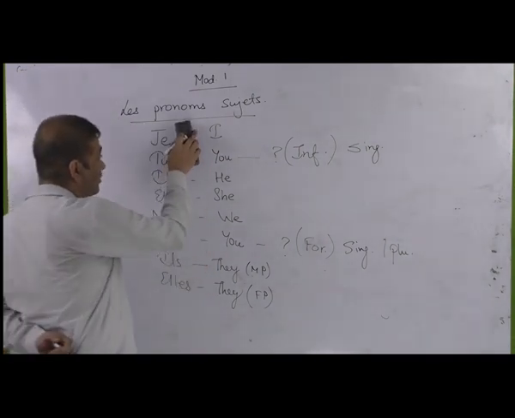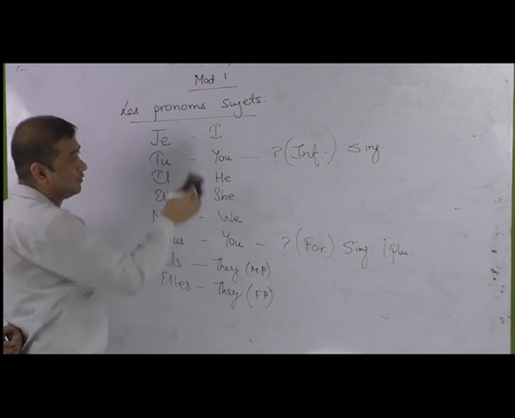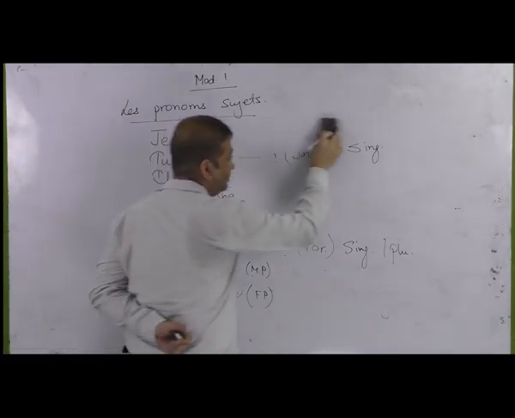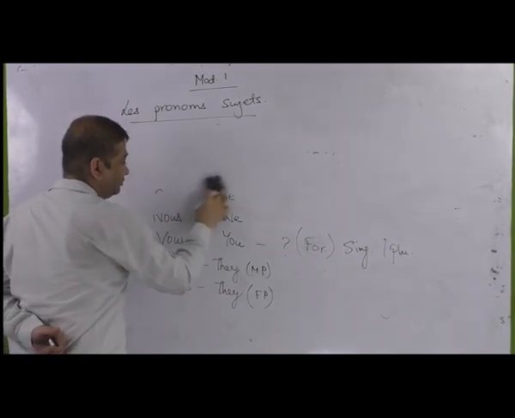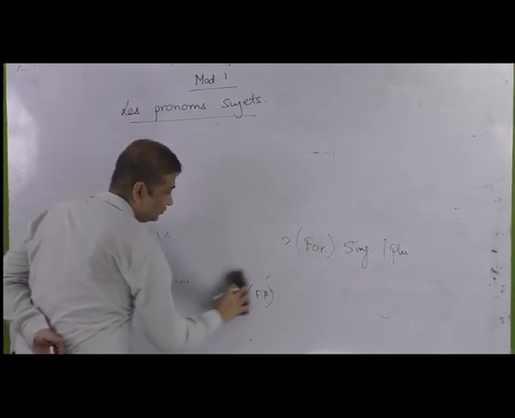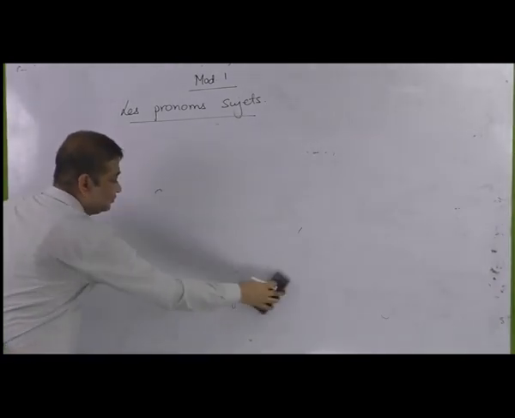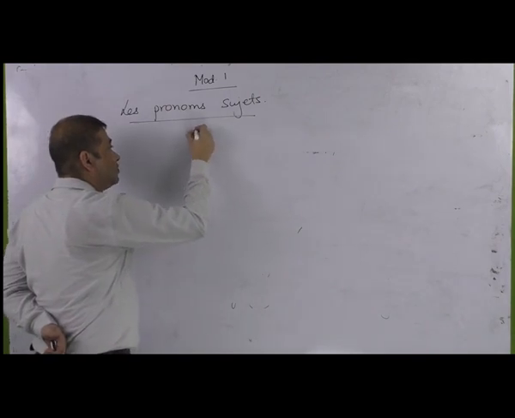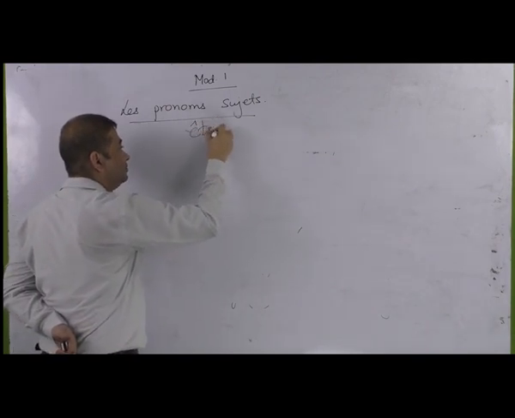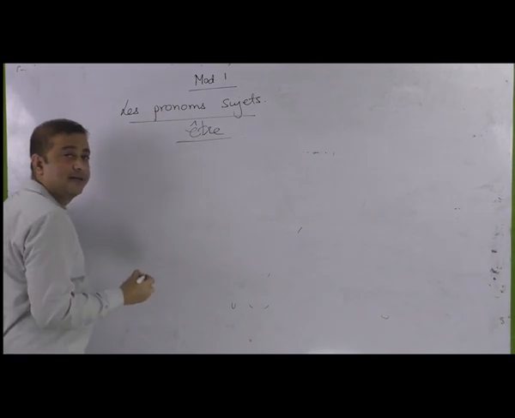Well, we'll proceed to the next topic. We'll use one verb and do the conjugation of that verb. First is, we'll work on the verb être. Être is to be.